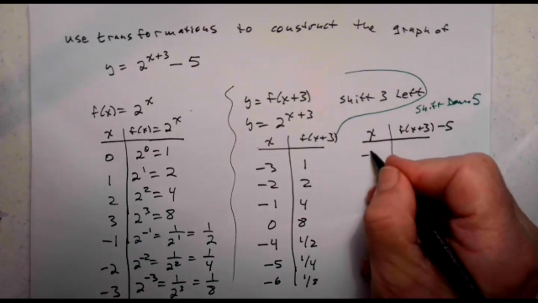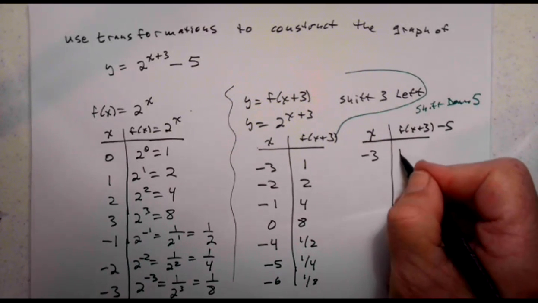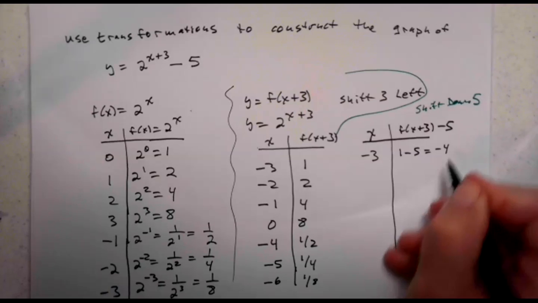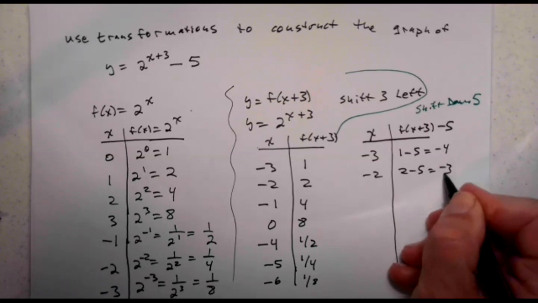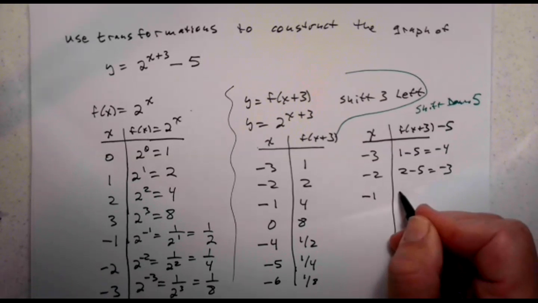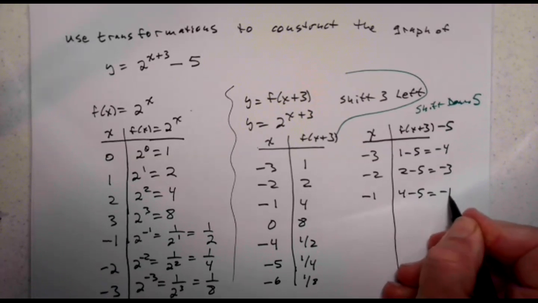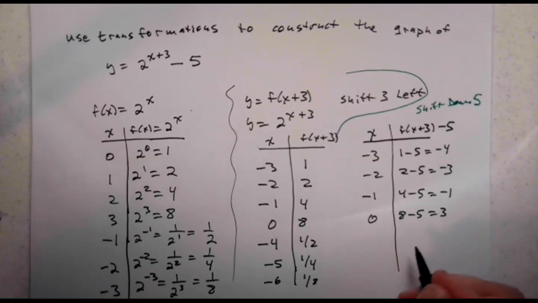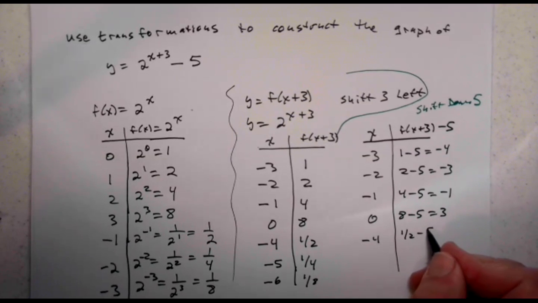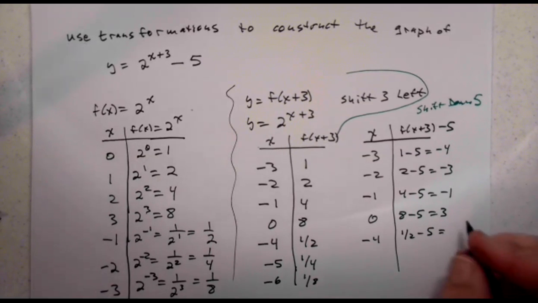So I had negative 3, 1. So negative 3, 1 minus 5, which is negative 4. Negative 2, 2 minus 5, which is negative 3. Negative 1, 4 minus 5 is negative 1. 0, 8. 8 minus 5 is 3. Negative 4, a half minus 5 is what? Negative 4 and a half.